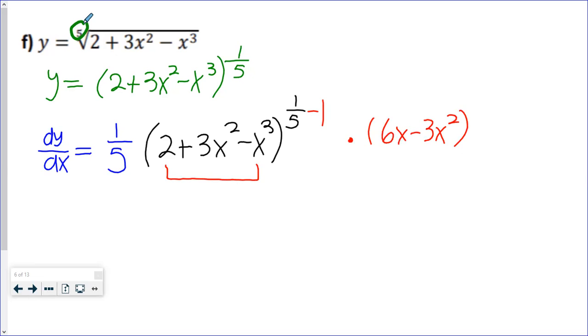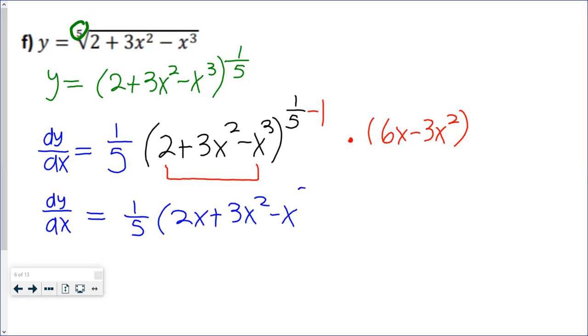Write the entire function, so we don't have any powers that we need to subtract. 1/5, 2 plus 3x squared minus x cubed to the power of negative 4/5. So this lesson has had a lot of examples where we have negative powers and negative powers that are also fractions.